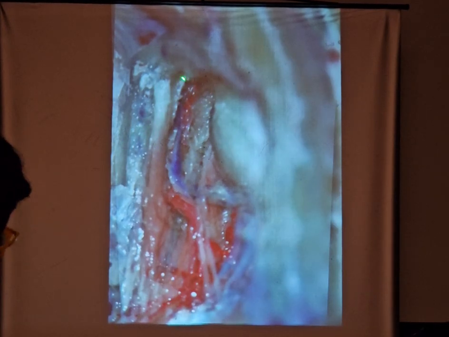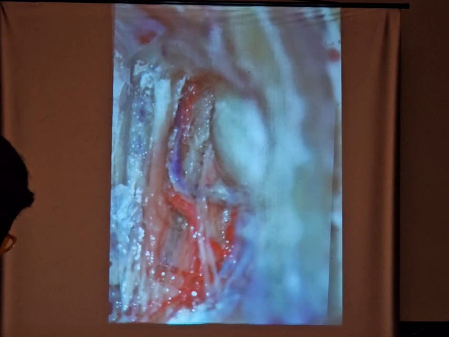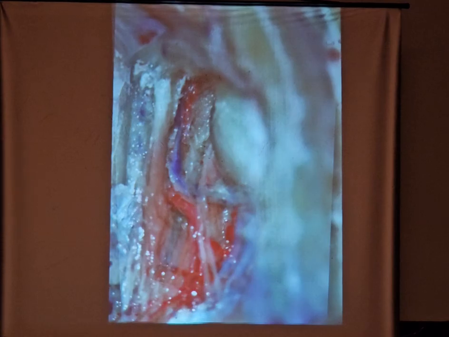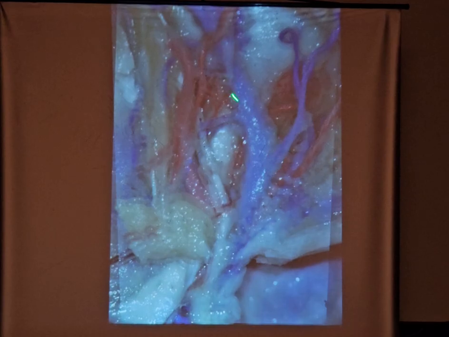Near the trochlea, again, trochlea is here, at the junction between the two parts of the superior oblique muscle. So we have here this vein rolling back and crossing the orbit to reach here the superior orbital fissure.